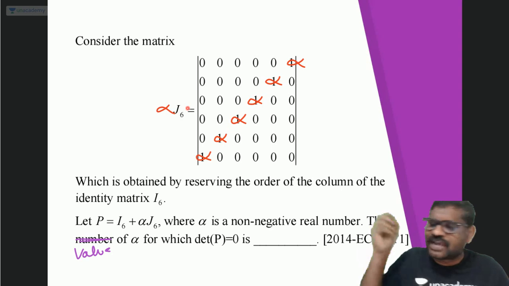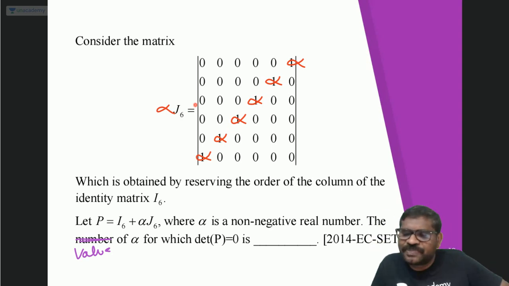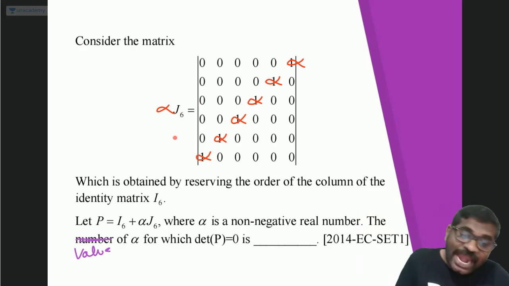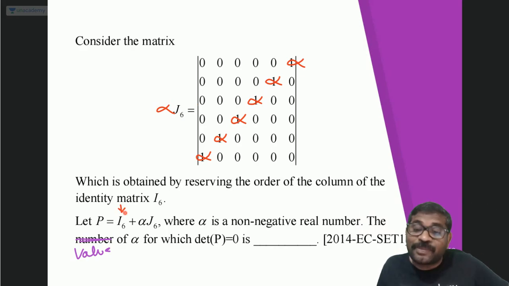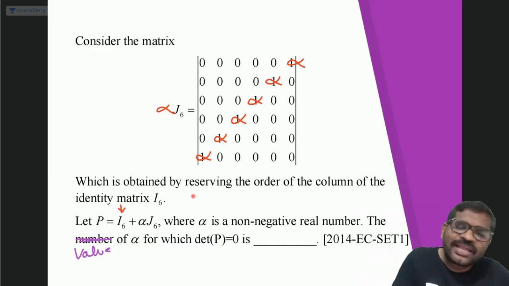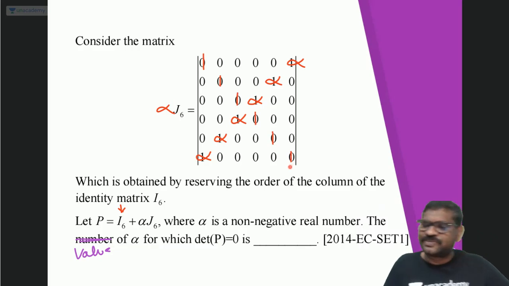That is alpha J6. Now you have to add I6. If you add I6, in the principal diagonal you will get 1 1 1 1 1 1.